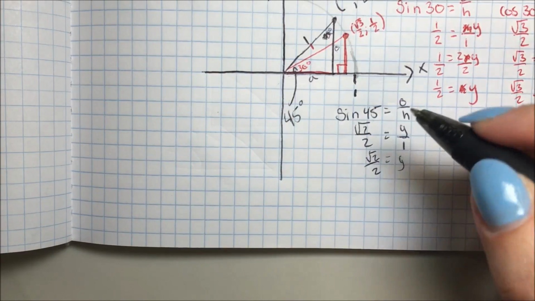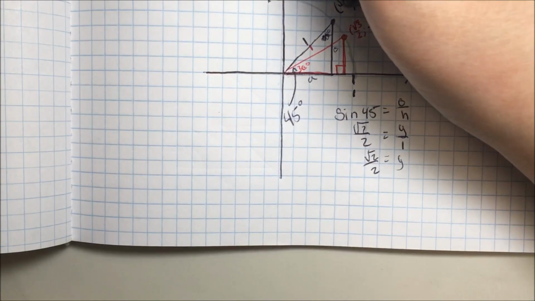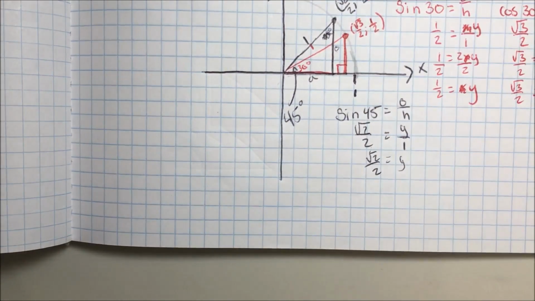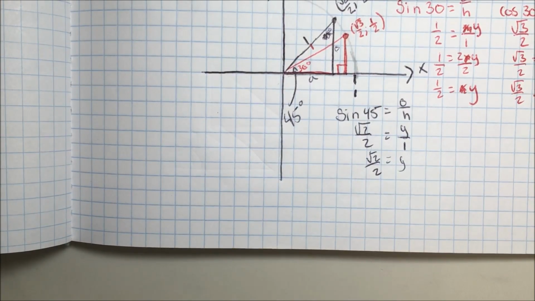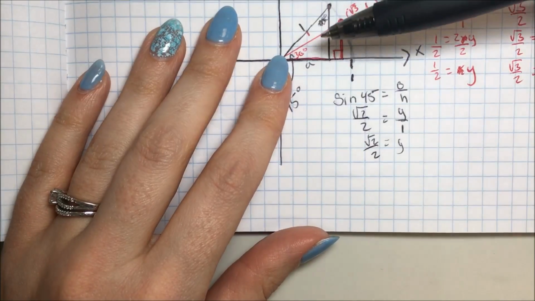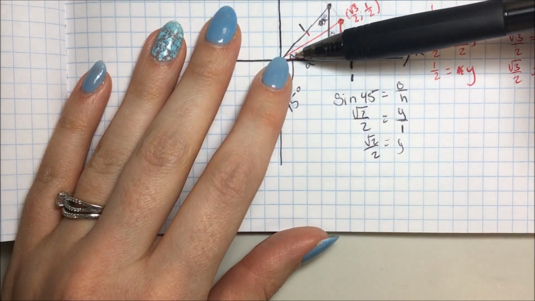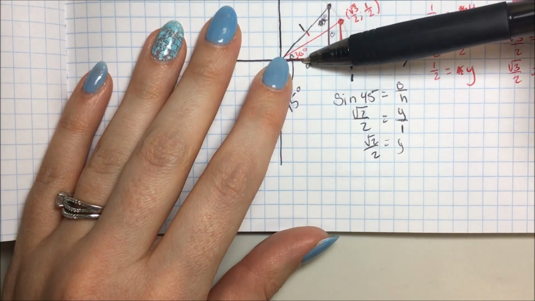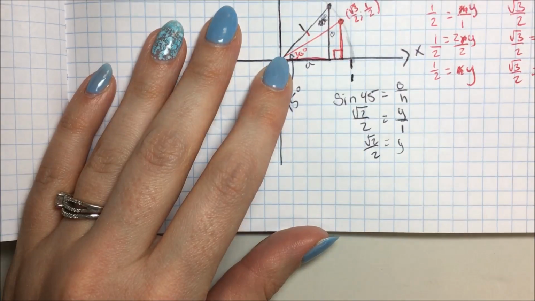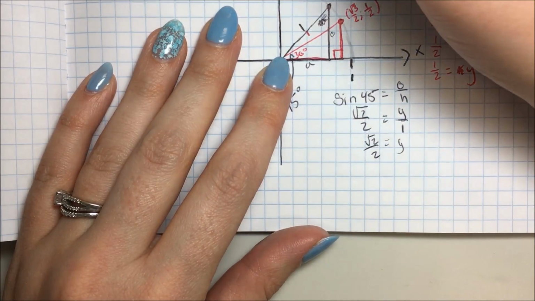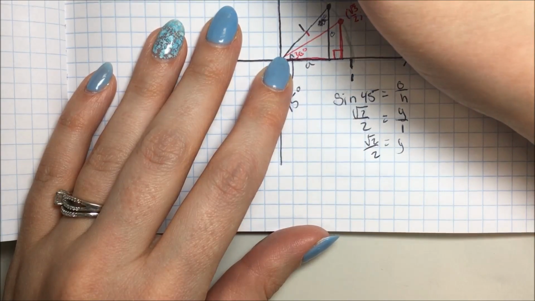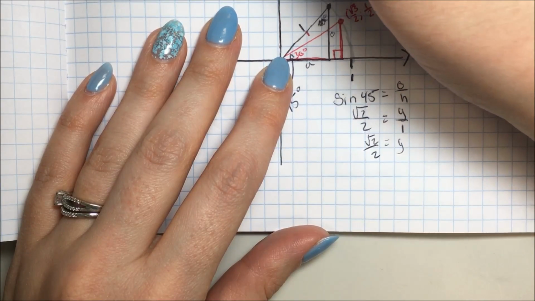And following a similar method, I'd find that x is radical 2 over 2. And what I'm finding as I go through is that because the y is always opposite my reference angle in the center of the circle here, it always ends up being the sine value of the angle. And the x always ends up being the cosine value.